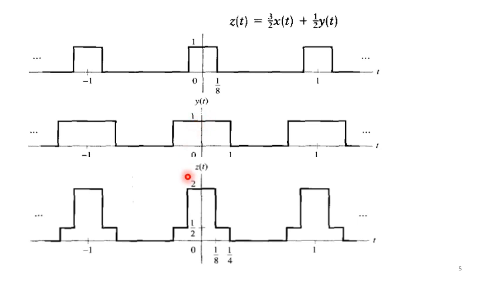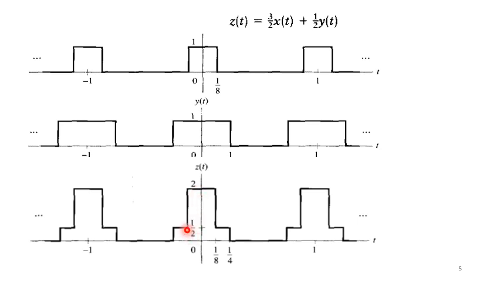So for the values minus 1 by 8 up to 1 by 8, x of t is 1 and y of t also has value of 1, but because we need to scale it by 3 by 2 and 1 by 2 for this one, that's why we get 2, okay, here.